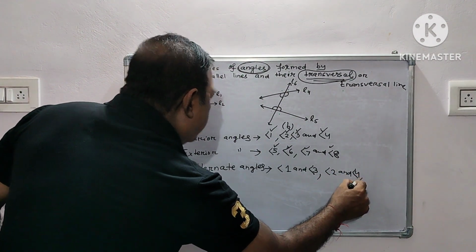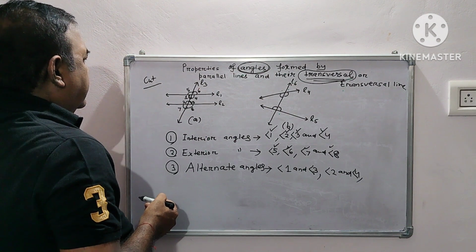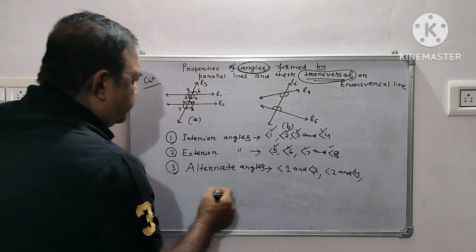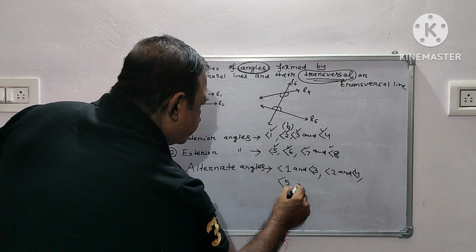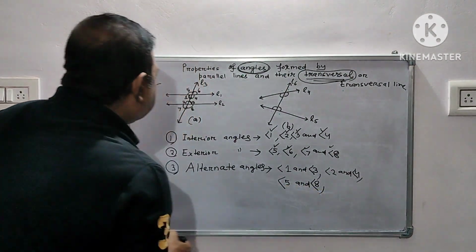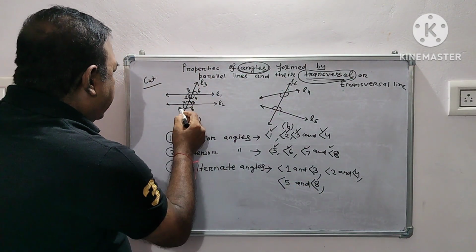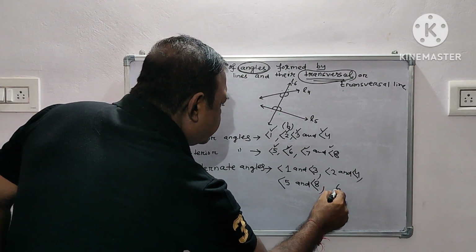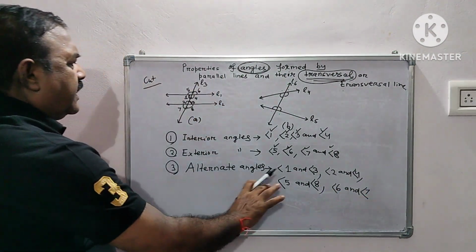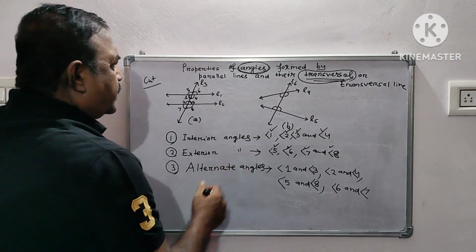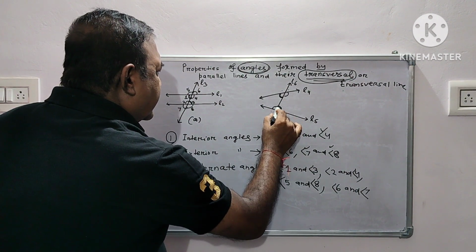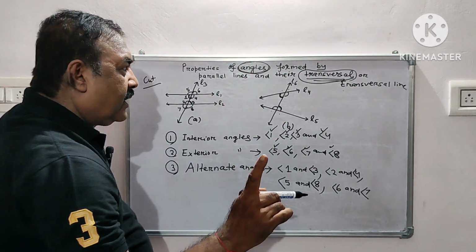Two and 4. Then you come to 5 and 8. Six and 7. These are the alternate angles. In this case also, you see, this angle and this angle is one pair of alternate angles.